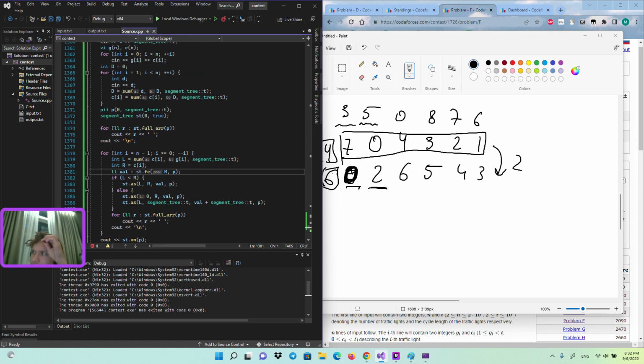So maybe no, D is correct. So maybe I have to make minus ci. Maybe we have to take minus ci.